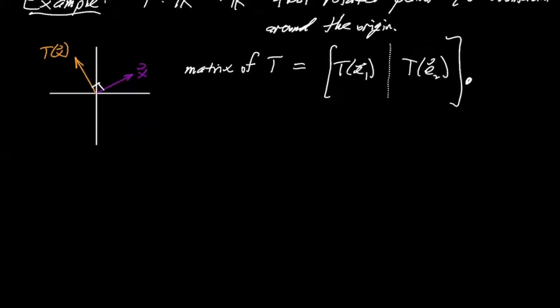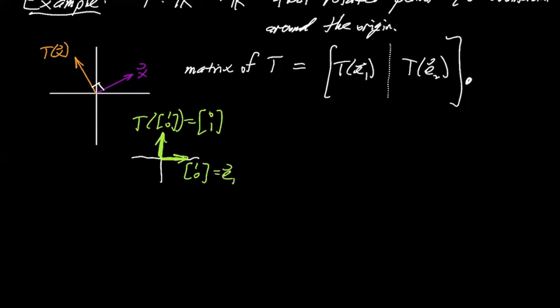If I draw some axes again and think about the 1, 0 vector, let's say that's the 1, 0 vector right there. When you rotate it 90 degrees, it clearly goes up here, same length, and so this is T of 1, 0, and it's pretty clearly just the vector 0, 1, right? And this was E1 right here.